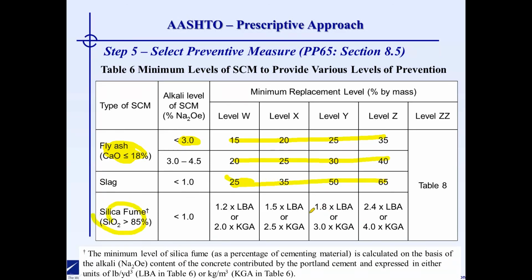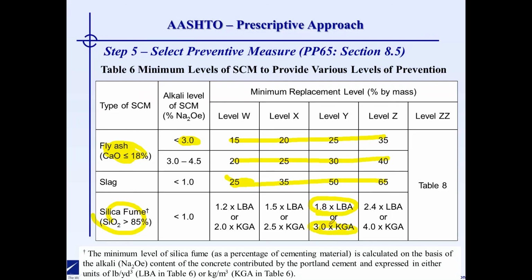Silica fume depends on the alkali content available from the Portland cement. Again, an example here is 1.8 times LBA. LBA is essentially the pounds of alkali in the concrete from the Portland cement. So if we've got about 5 pounds per cubic yard of alkali in the concrete, we're going to have to use 1.8 times that, or 9% silica fume. 1.8 times 5 is 9.